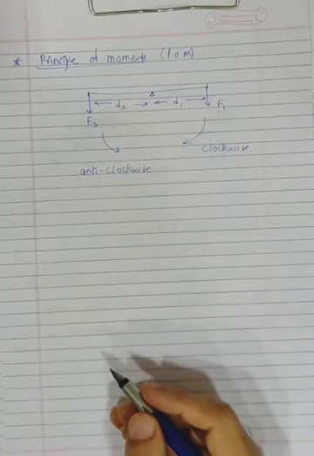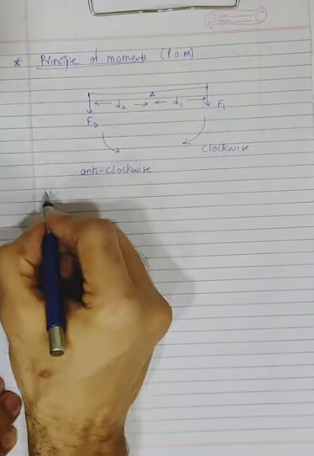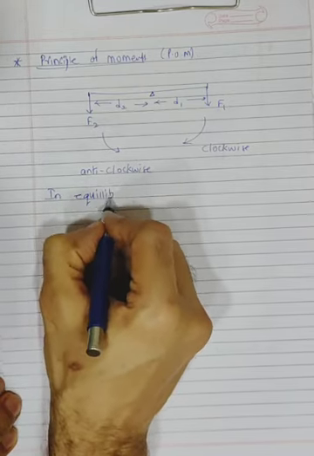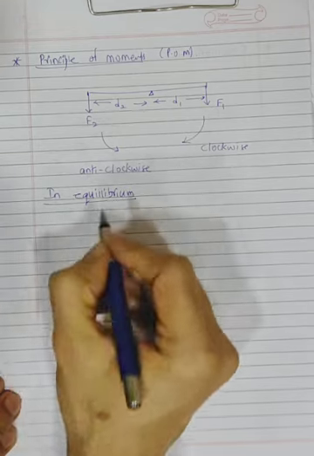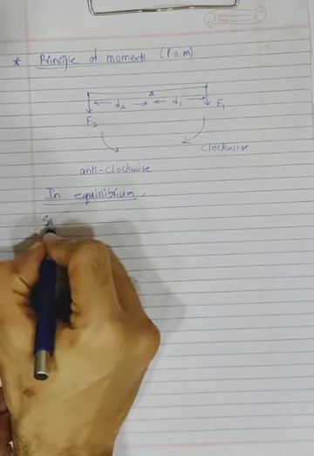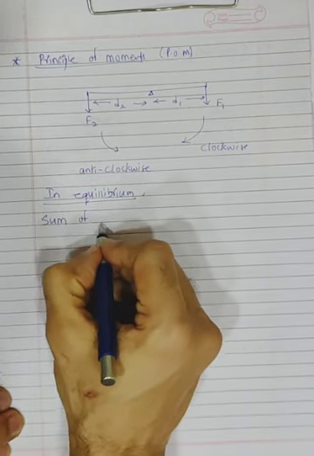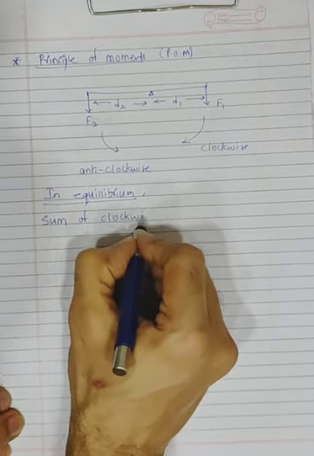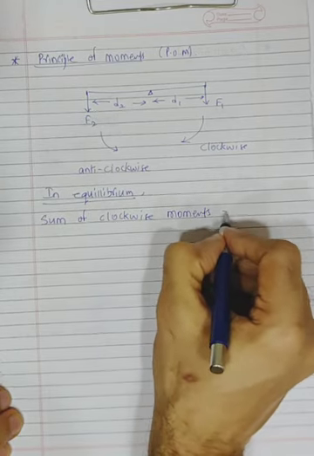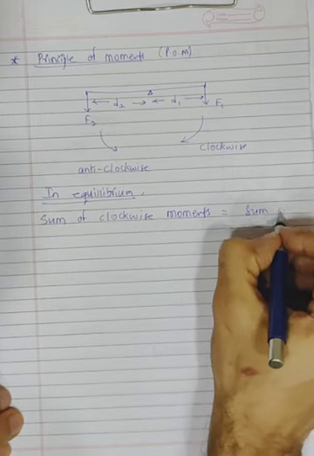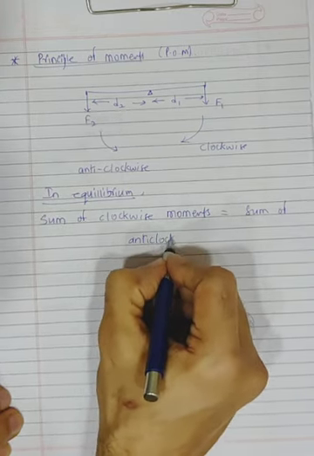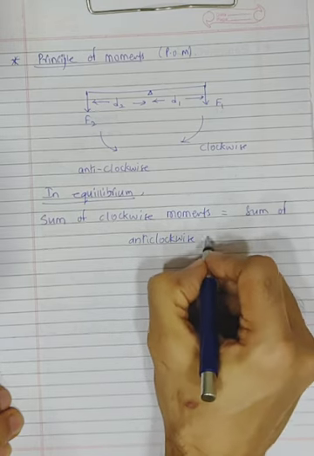So now, according to the principle of moments, in equilibrium, remember this is a condition, only in equilibrium it will hold true, not otherwise. So they say that in equilibrium, the sum of clockwise moments is equal to the sum of anti-clockwise moments.